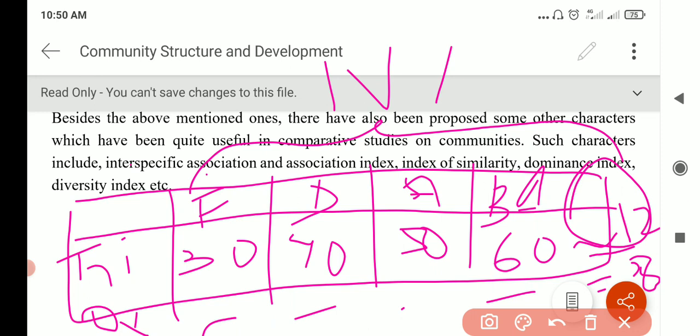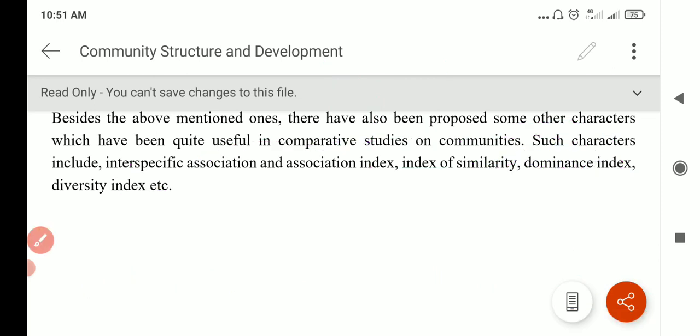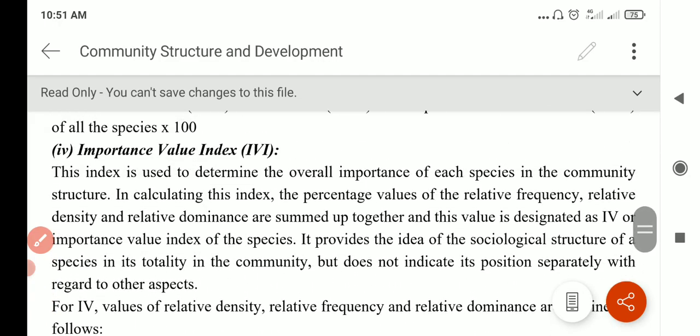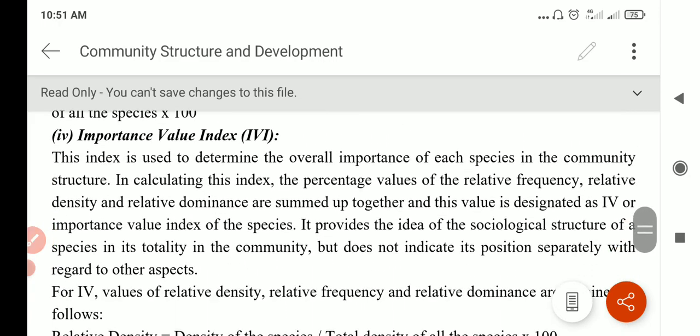So it gives you an idea of the overall importance of the species. Unless we get to do the practicals, it will not be clear. Okay, so I think you have understood roughly. So let me go again.